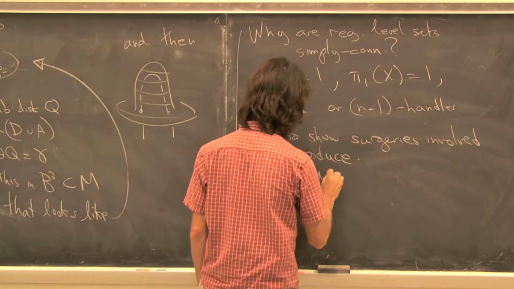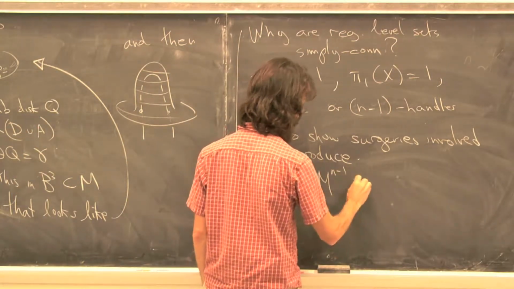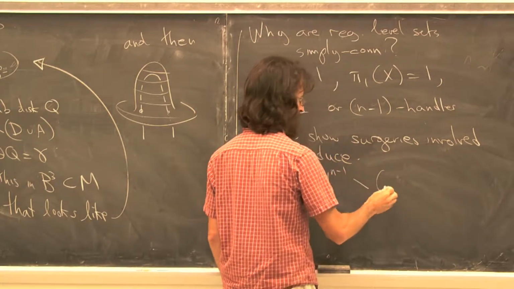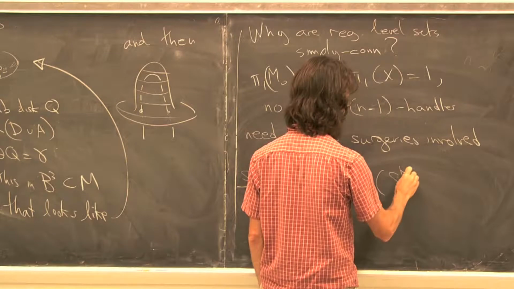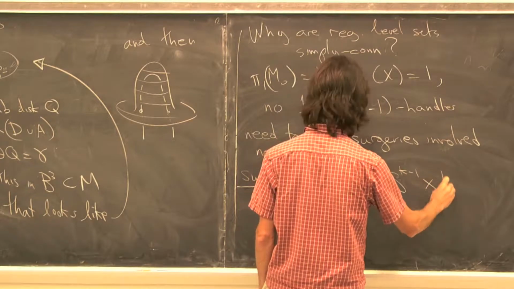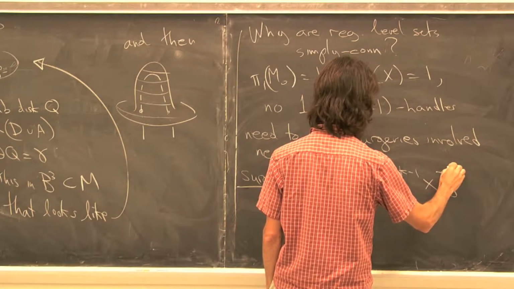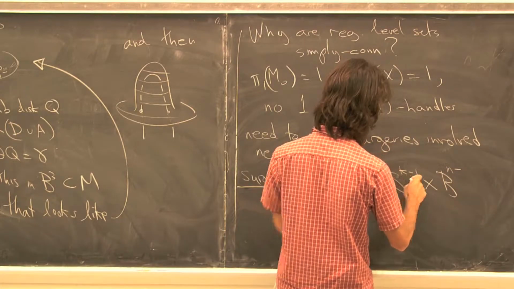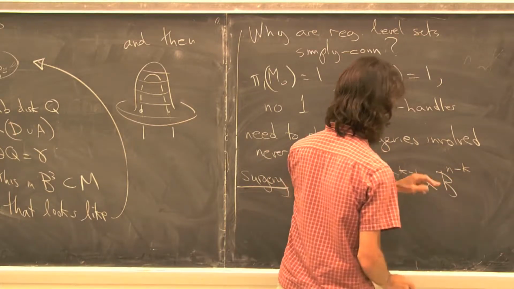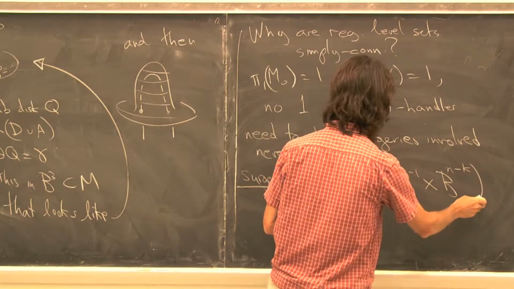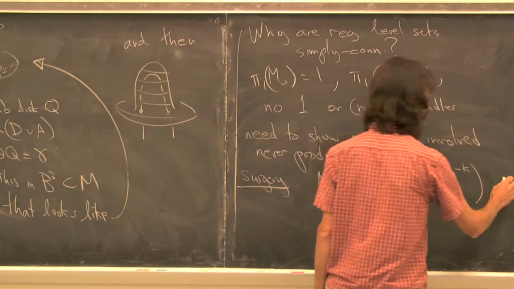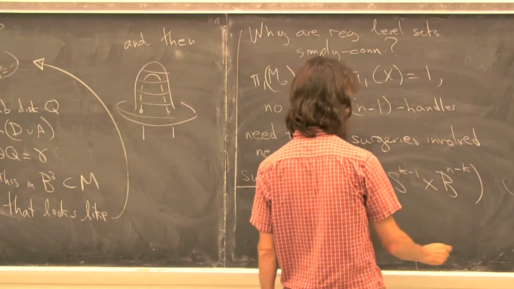So we take the n-1 manifold, we remove some solid torus, so that's an S^(k-1) cross a B^(n-k), so the total dimension is n-1, right? And then we glue in something, right? Union something else. Union what?